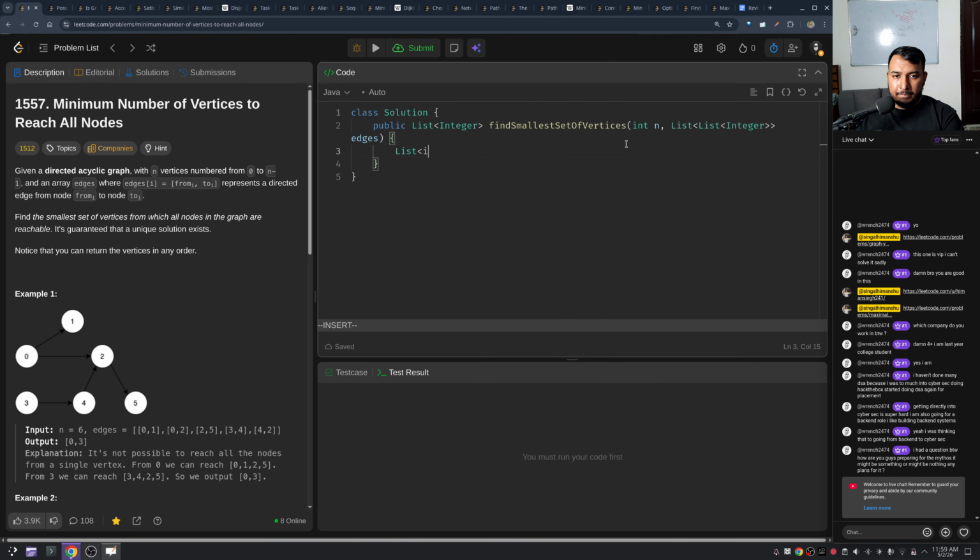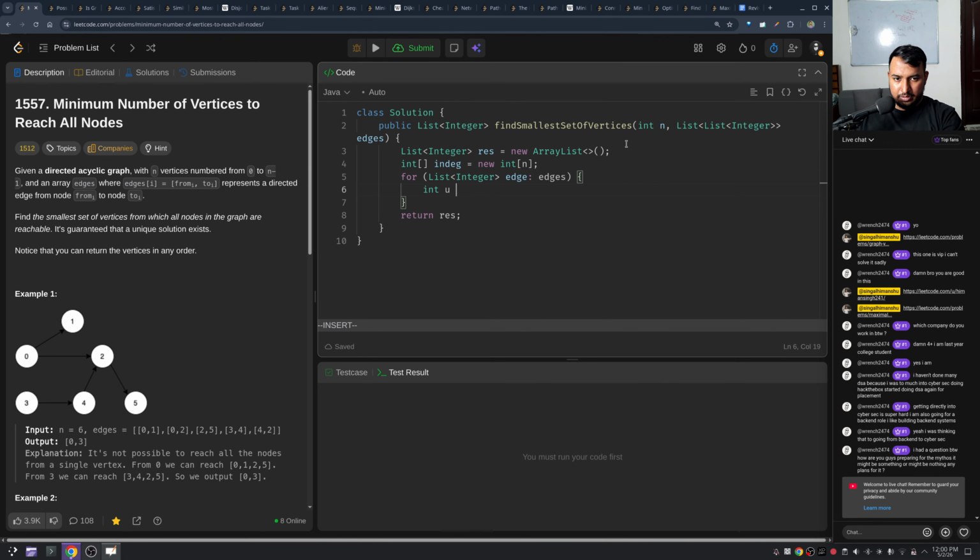So we have a list of integer, new array list. Return this result. What we want to do is calculate the in degree. Int in degree, new int array, for list of integer edge in edges.